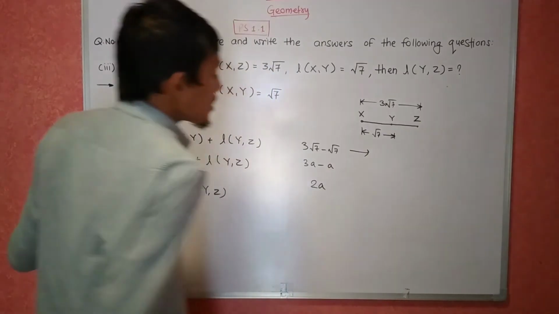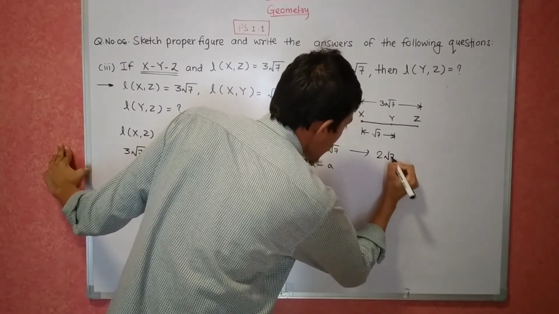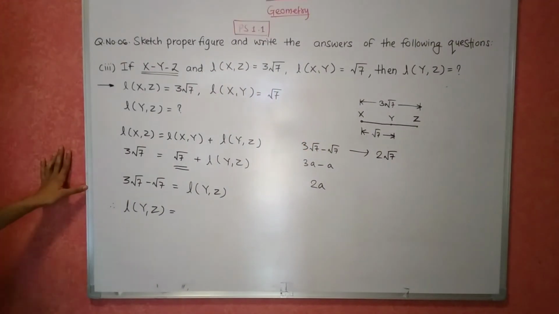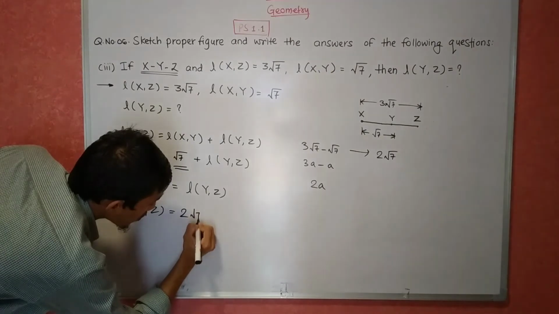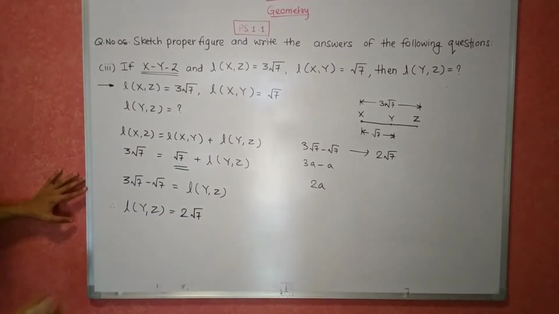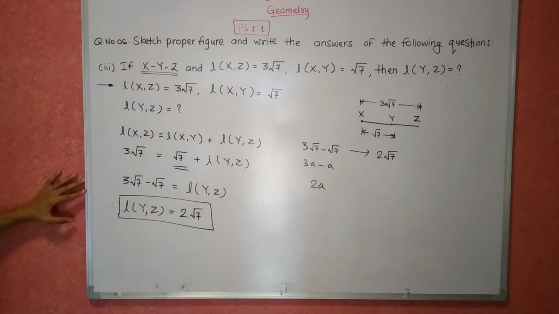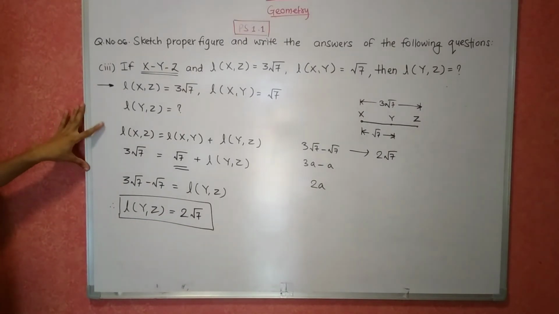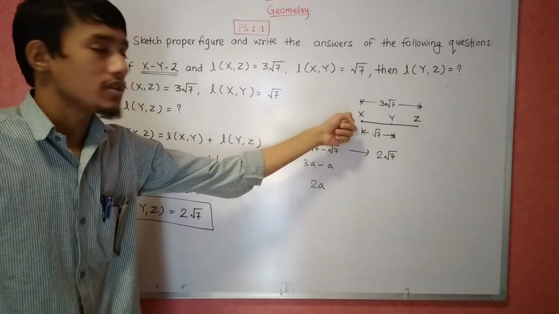Similarly 3 root 7 minus root 7, it is going to be 2 root 7. So length of yz is nothing but 2 root 7, okay, and this is the required answer. So for solving this question, you have to write the given solution and you have to draw the figure, this figure.